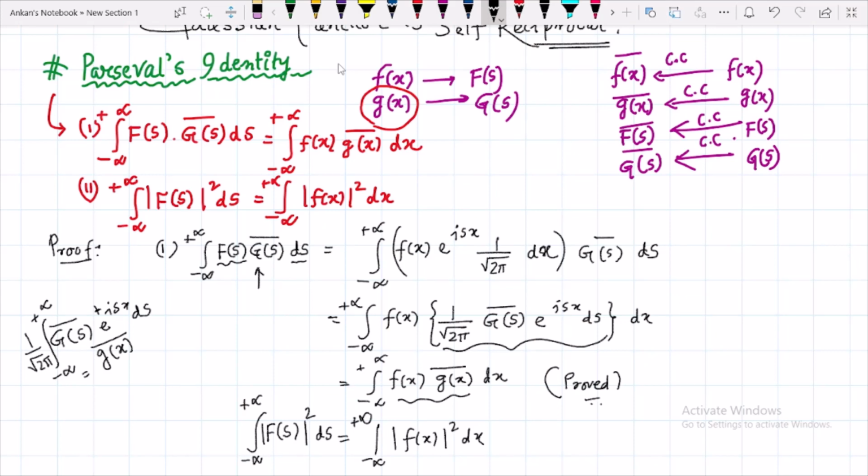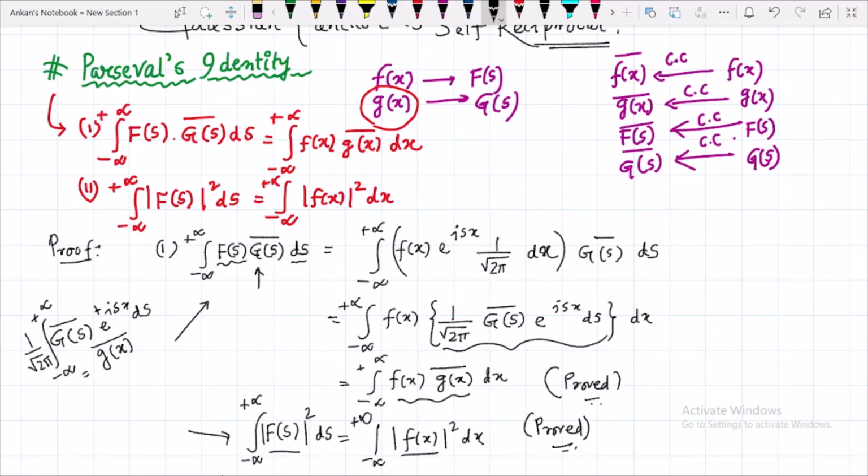Once you prove the first, it is not very difficult to prove this. What I am doing, g(x) is also f(x); I have considered this the special case of the first one. So g bar(x) is f bar(x), the Fourier transform of f(x) is F(s), and the complex conjugate of F(s) is F bar(s). By multiplying F(s) with F bar(s), and f(x) with f bar(x), you will get this and this. So it is very easy to prove, nothing difficult. The first one is tricky, but the second one is the special case of the first one.